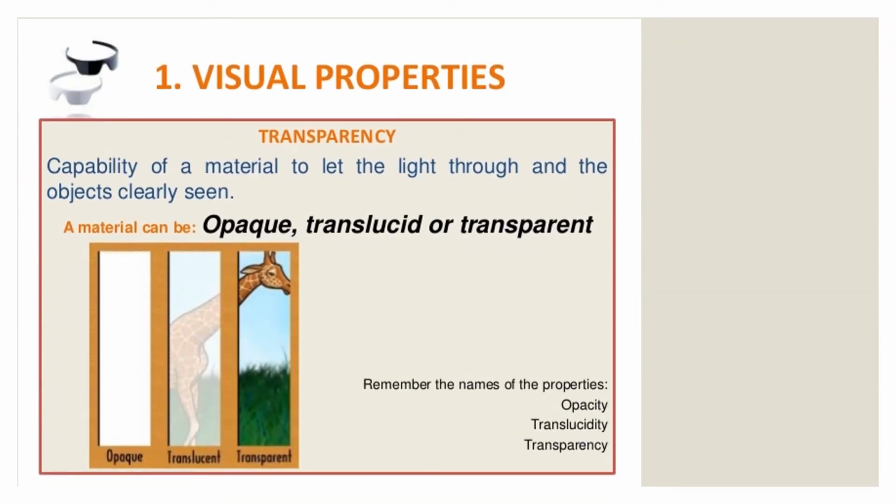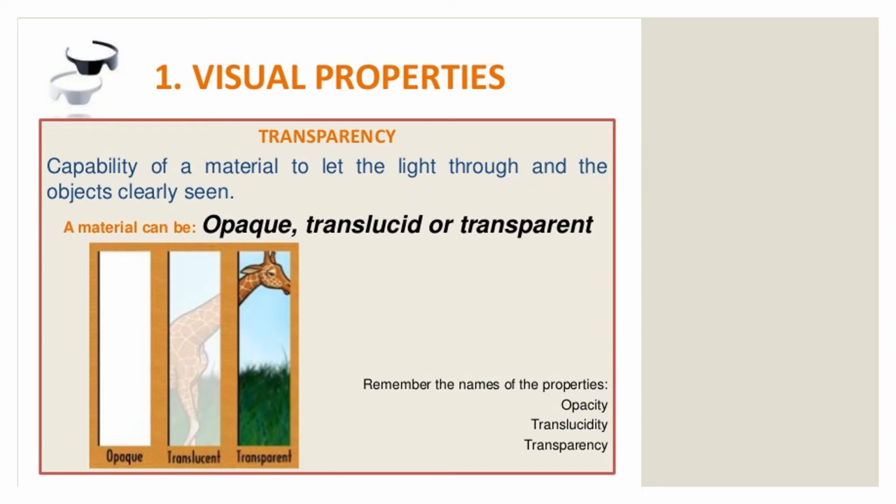Now we'll discuss properties of materials. First, the visual property, or we can say transparency. It is the capability of a material to let light through so the object can be clearly seen. As in the picture you can see three types of material.